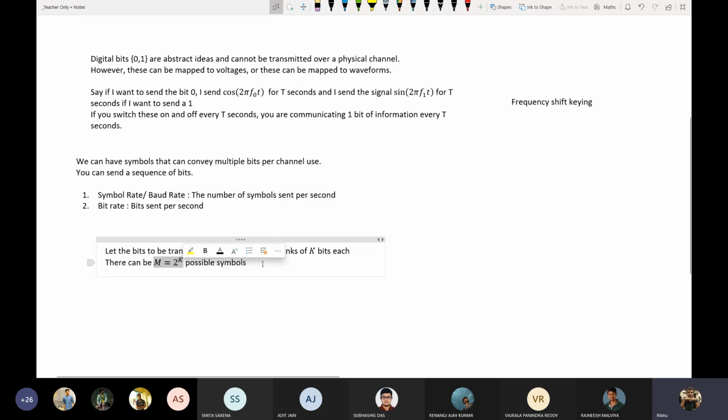You can easily see that if the baud rate is RS, then the bit rate becomes RS times log 2 m.